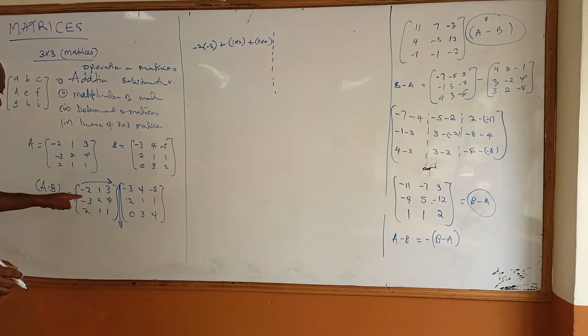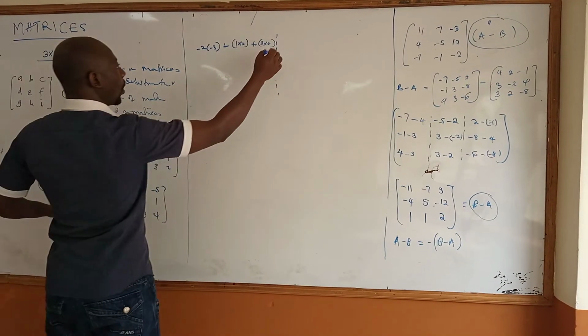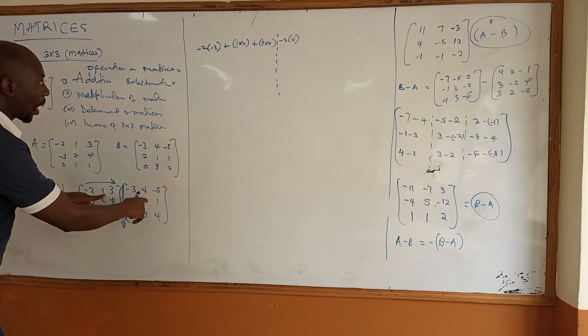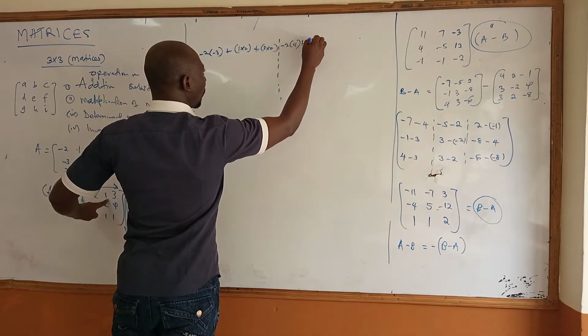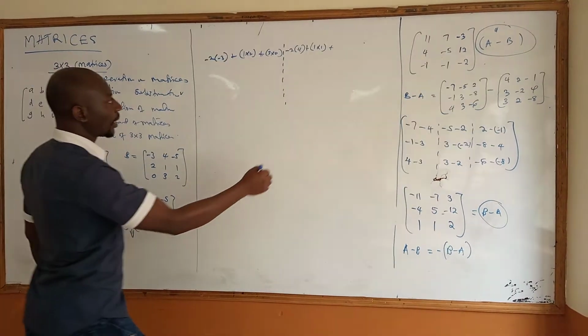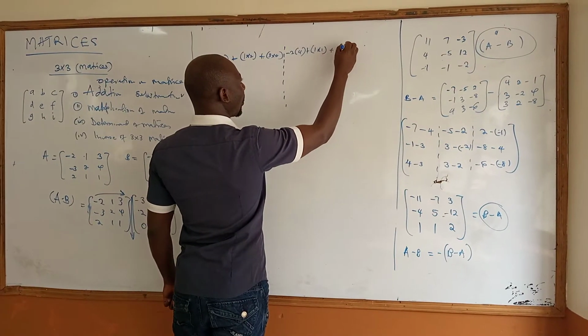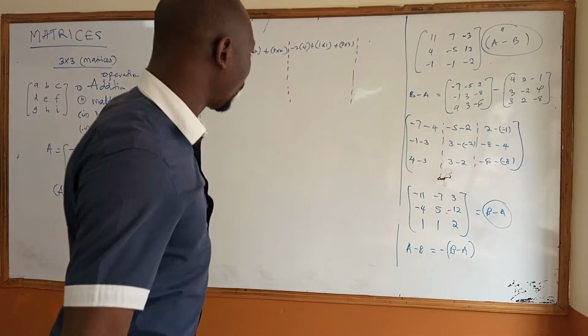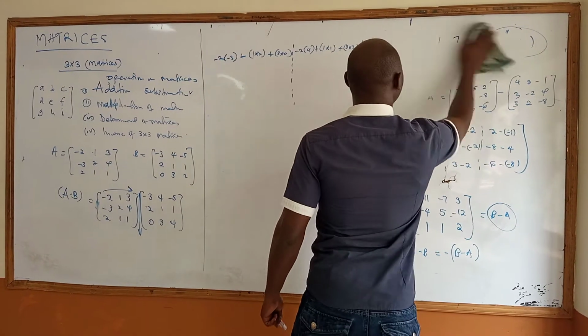That one shall be -2 multiplied by 4, then 1 multiplied by 1 plus 1 multiplied by 1 plus 3 multiplied by 3. So you put that imaginary line to divide the elements.